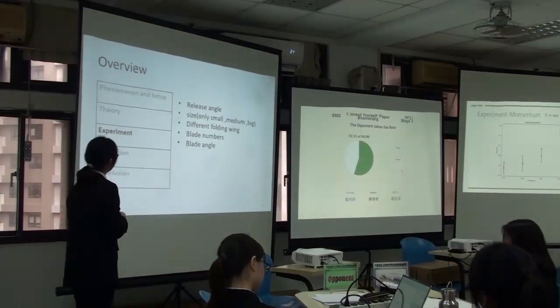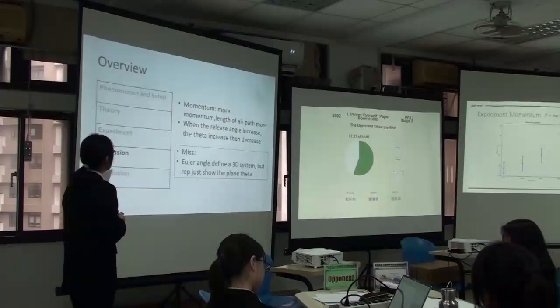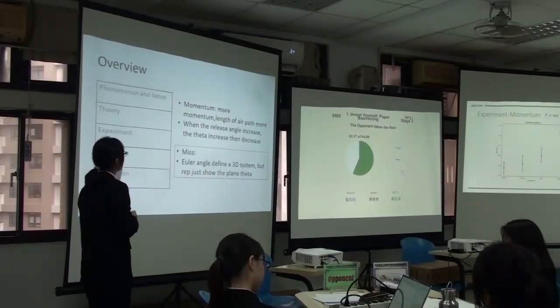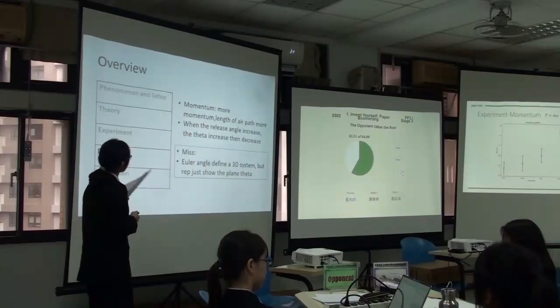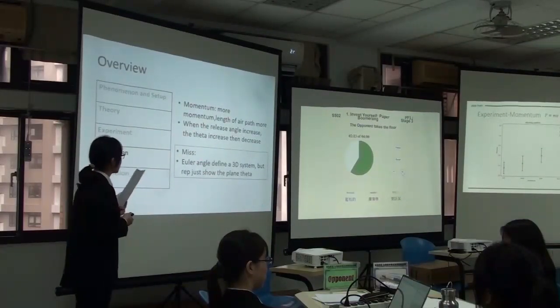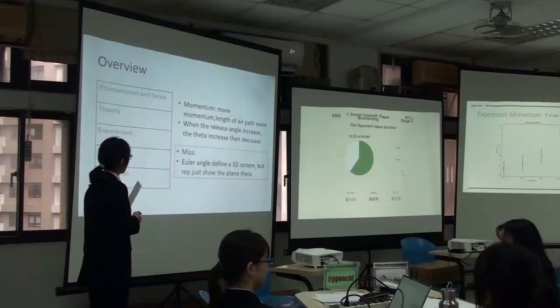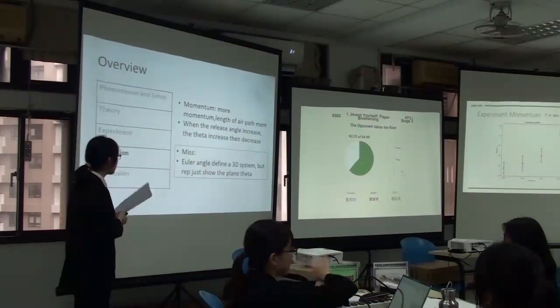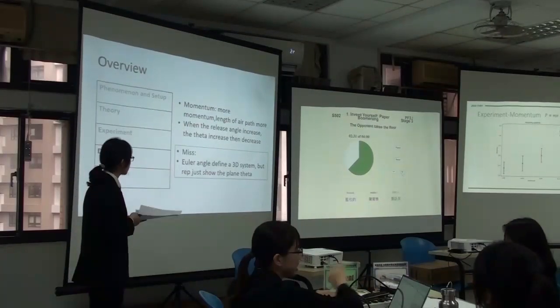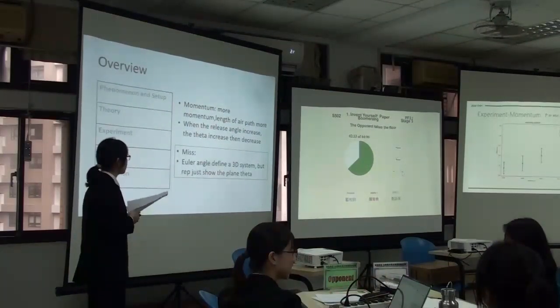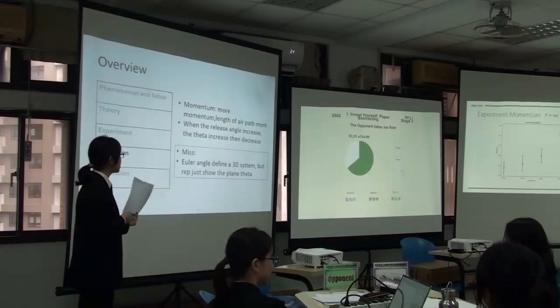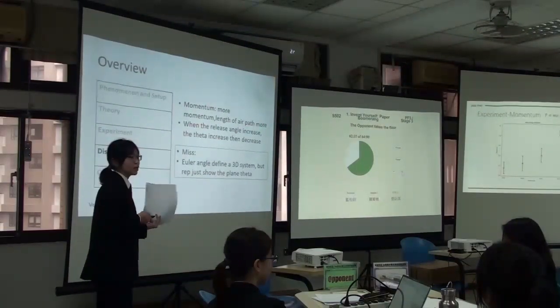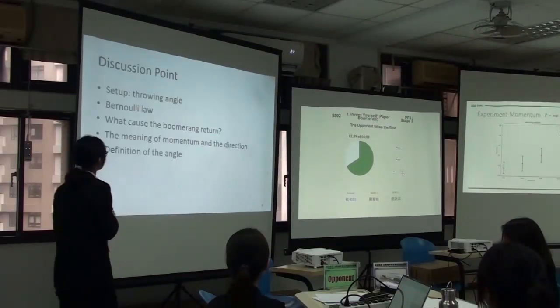The next one is momentum, because with more momentum the length of the air path is longer. When the release angle increases, theta increases and decreases. So I think that means the Euler angle defines a 3D system, but the reporter just shows the plane theta, and I think they should use the Euler angle to analyze their data.